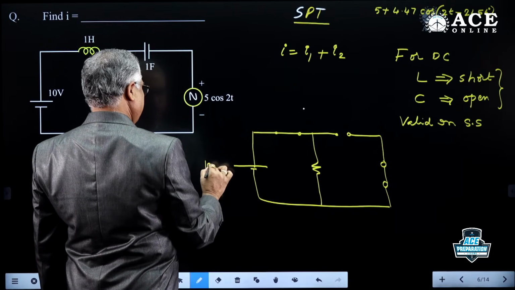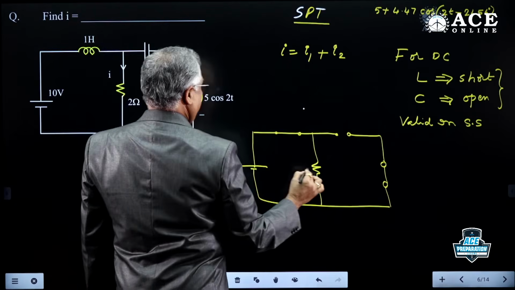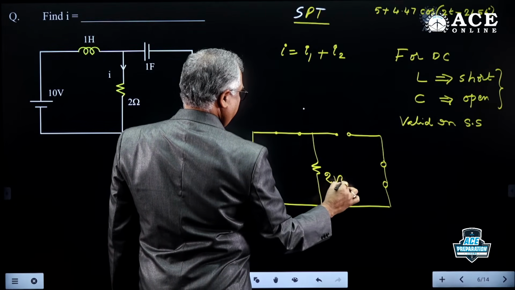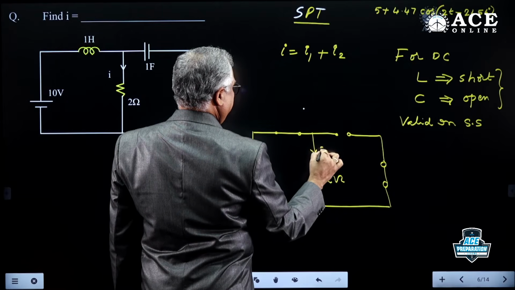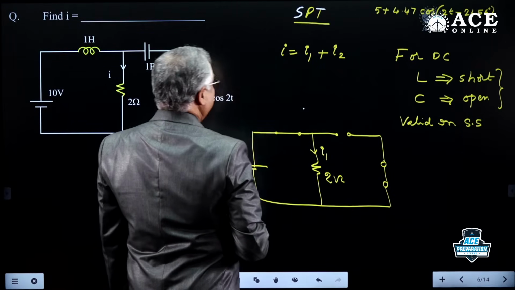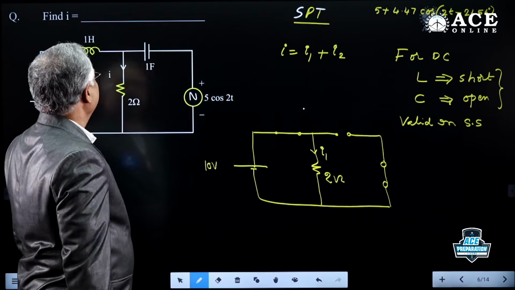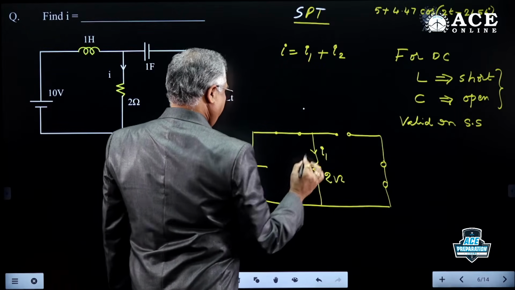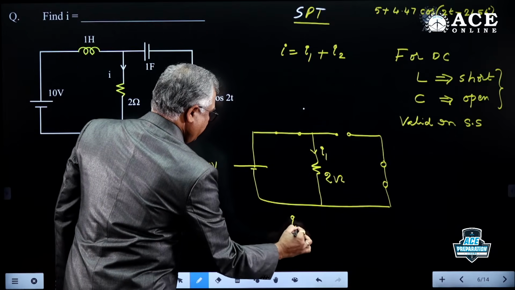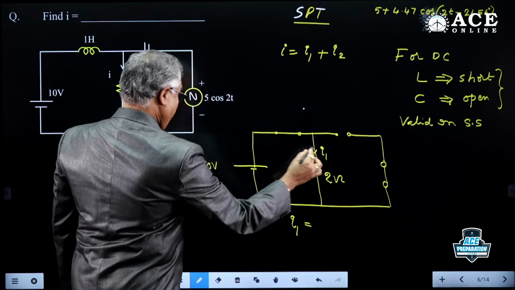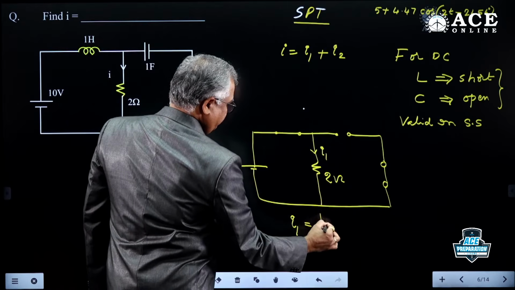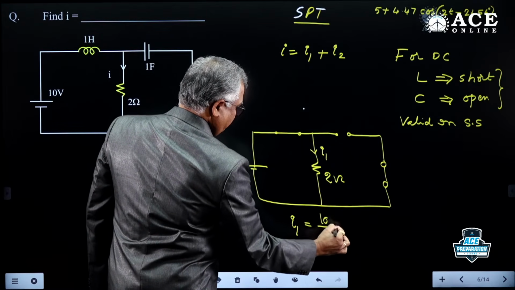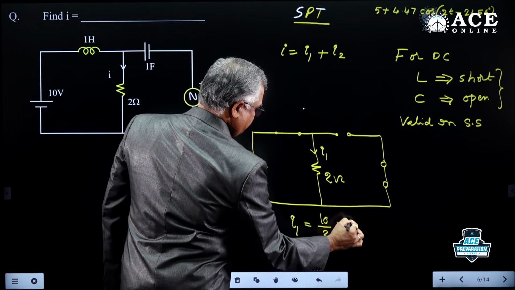This is 10 volts, and this is I1. Inductor short, capacitor open, voltage source short, find I1. So we can answer easily I1. I1 equals 10 by 2. It's 5 amps.